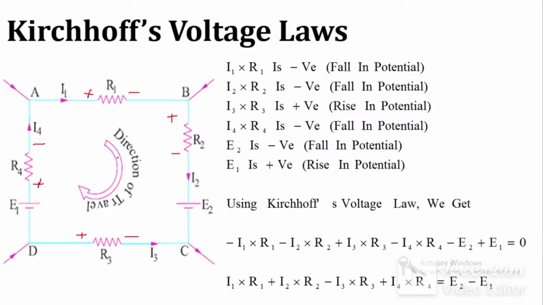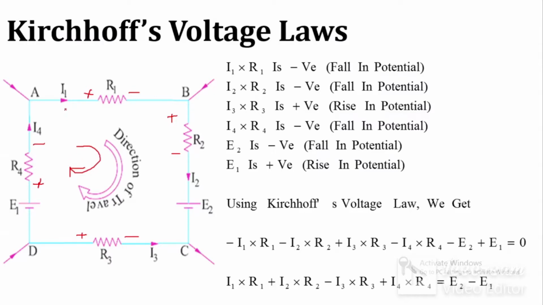And this clockwise direction we have taken as our reference direction. So this is our reference direction of this particular loop. Now we will try to write down the Kirchhoff's voltage law equation in this circuit. So we have to consider this reference direction to mark the drop in this particular loop.